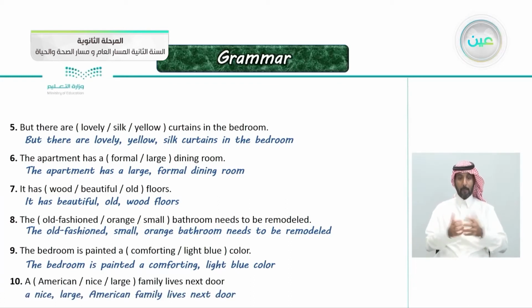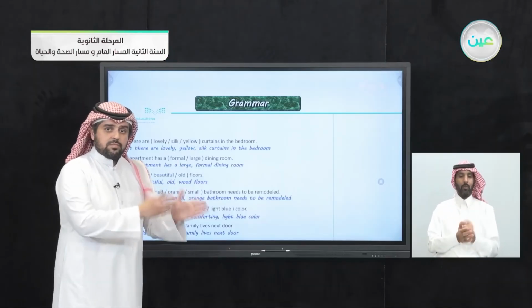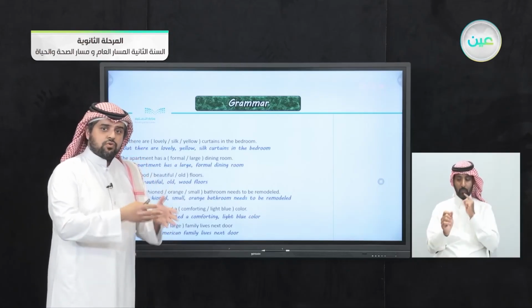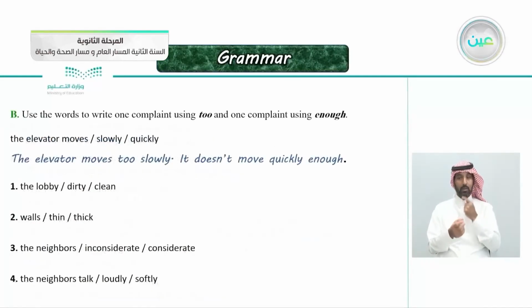A nice, opinion here; large, the size; American, the nationality; family lives next door. Now I think you got the hang of it. So you have to remember the correct order of the adjectives if you want to use 2 or 3 adjectives to describe something.